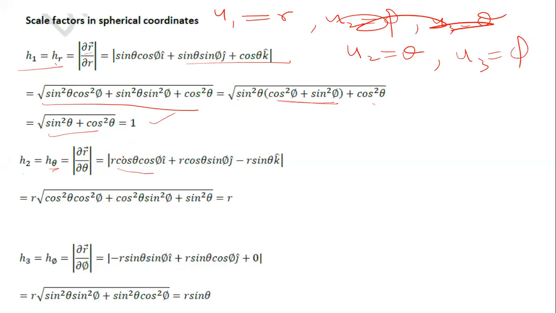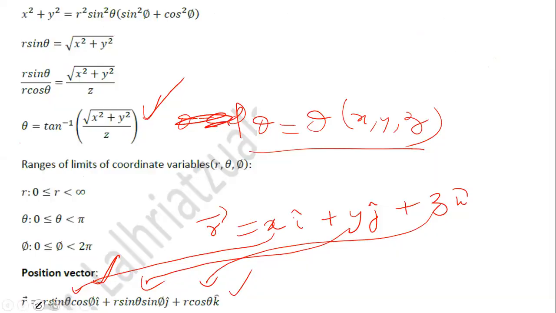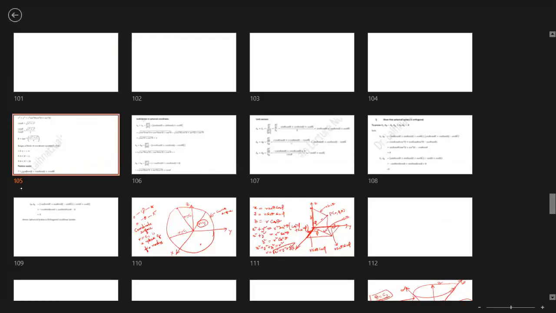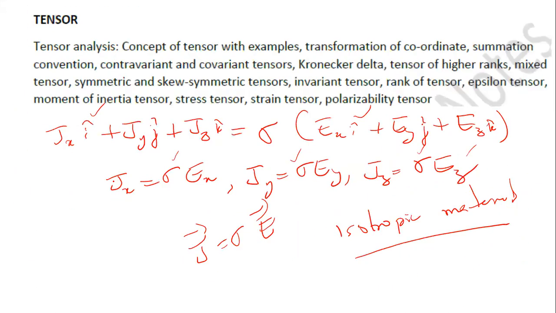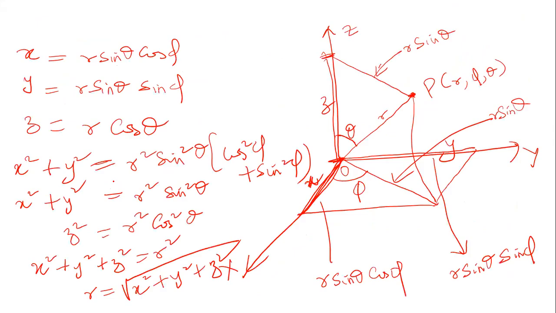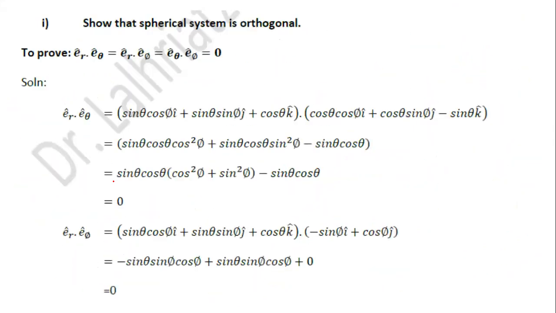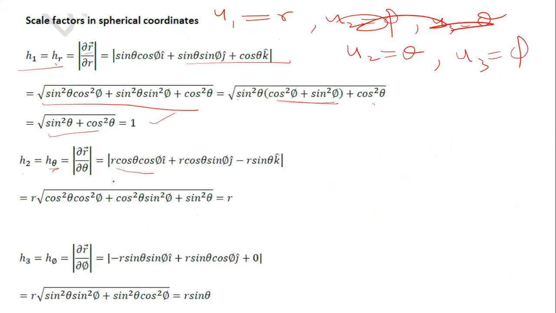Differentiation of sine is cosine, and differentiation of cos theta is minus sine theta.